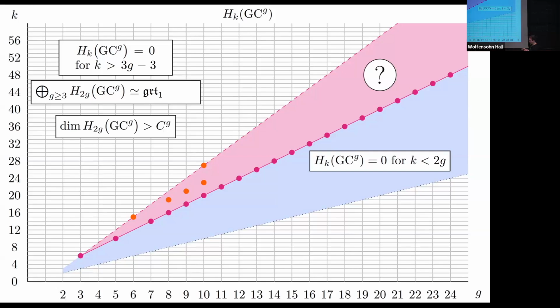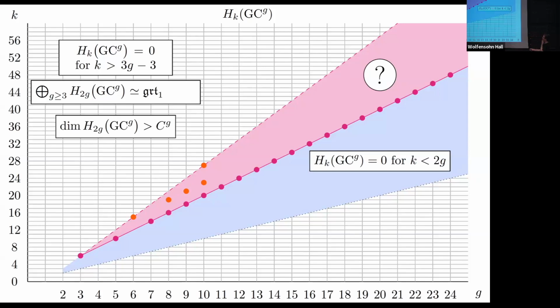People also use finite fields to evaluate these homologies. This is how people computed these orange dots, and this is completely known up to genus 10.